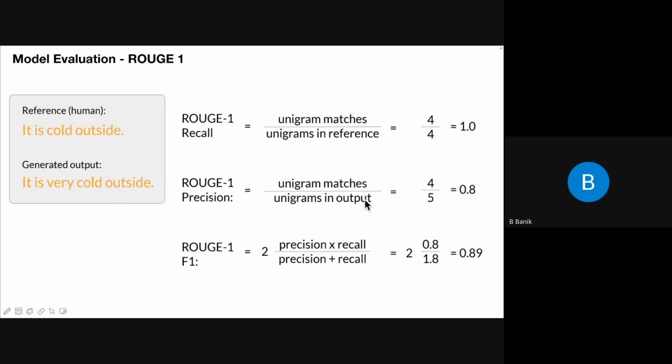Then the F1 score you calculate with the recall and precision: precision times recall divided by precision plus recall. So we are getting a score of 0.89. This is how you calculate this score, and we'll see some of it in the notebook.